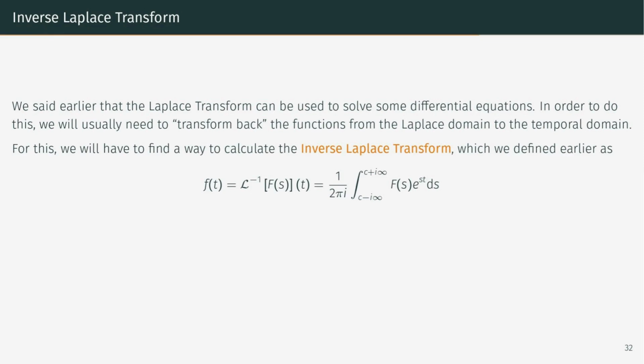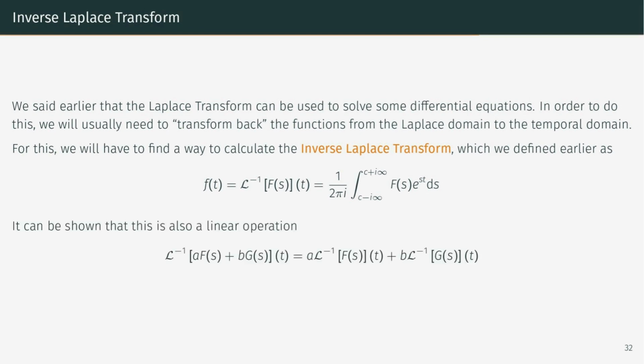For this, we will have to find a way to calculate the inverse Laplace transform, which we defined earlier as f(t) equals the inverse Laplace transform of F(s) equals 1 over 2 pi i times the integral of F(s) e^(st) ds from c minus i infinity to c plus i infinity.